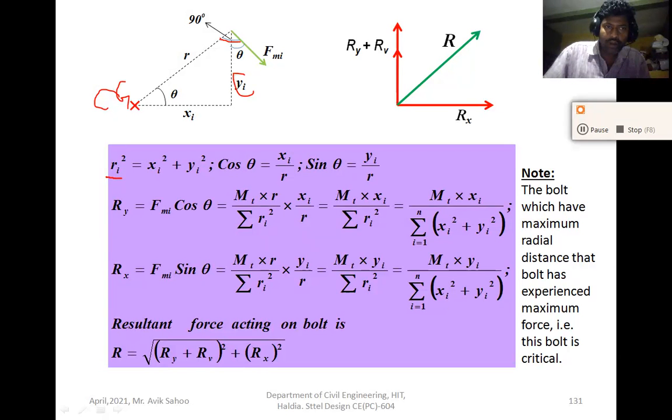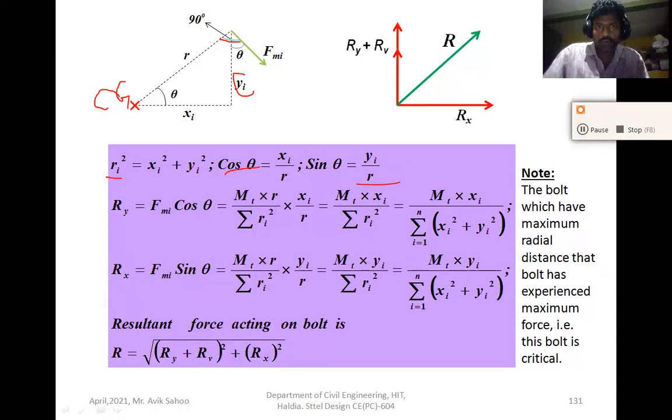So now the radial distance, the hypotenuse, the square of the hypotenuse is equal to xi square plus yi square. Now cos theta is how much? Cos theta is base by hypotenuse, xi by r, and sin theta is perpendicular by hypotenuse.